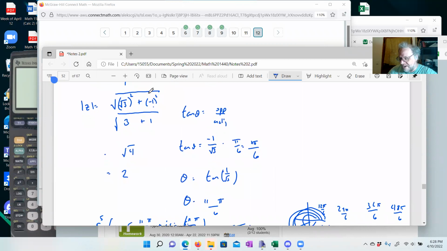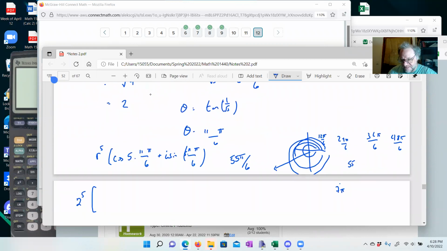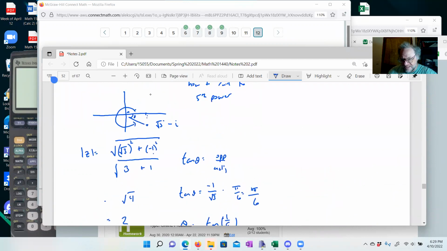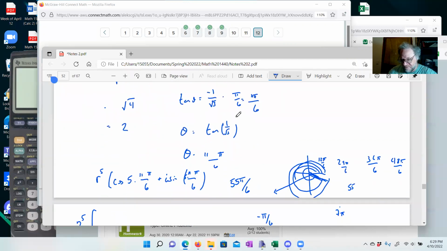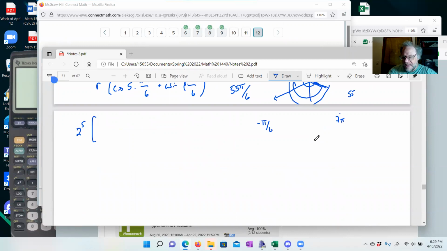When I plugged this into the calculator, I got negative pi over 6. Like you sure did, because the first original angle was this one. Okay? So that's what you could do here. That's what inverse tangent will tell you. And then we're going to multiply it by 5. So we're going to have negative 5 pi over 6. Where is negative 5 pi over 6?